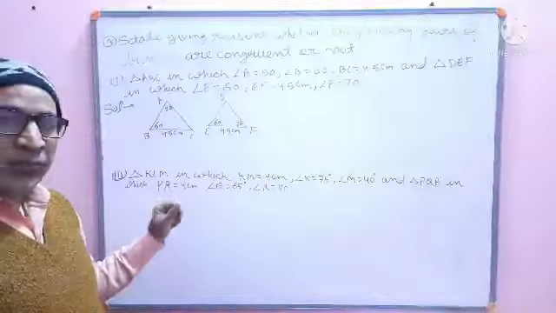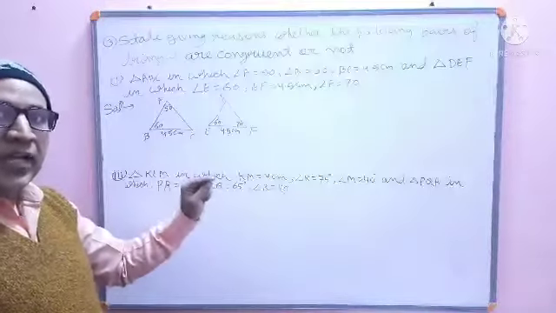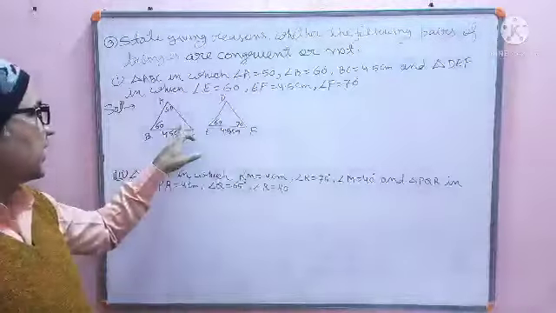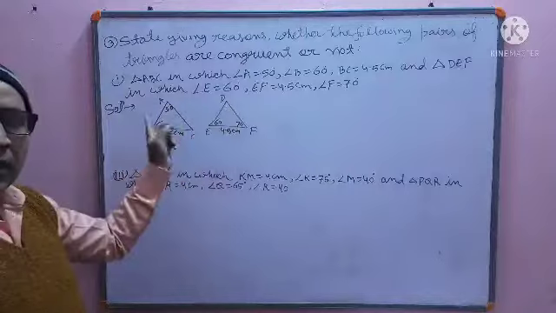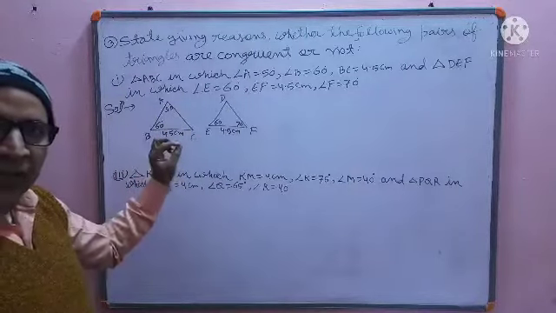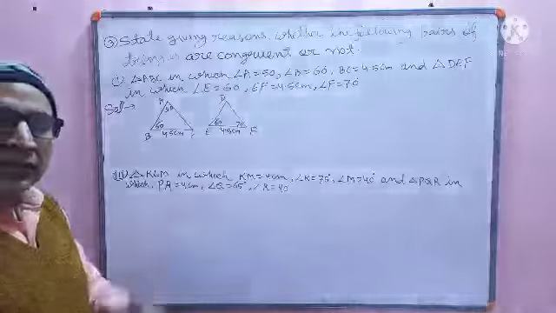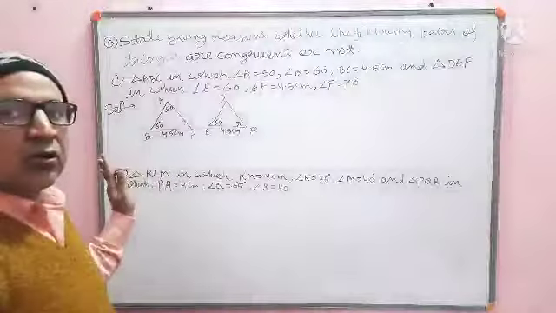It means to check whether these two are congruent or not, first we have to find the remaining third angle, either of triangle ABC or of triangle DEF. Out of the two, any one triangle's third unknown angle we have to find. Then very easily we can check whether the triangles are congruent or not.